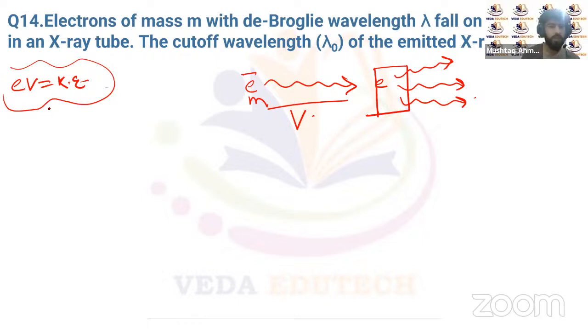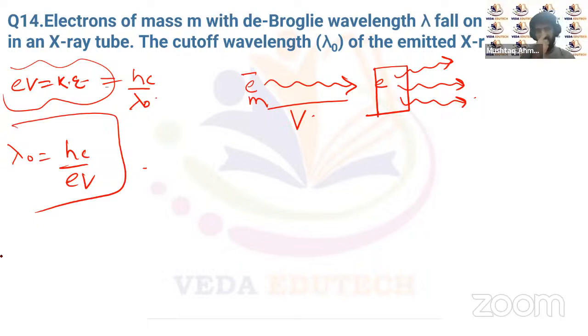In that case, eV equals hc upon lambda, or we can say lambda naught will be hc upon eV. So this will be the minimum wavelength, so that the full kinetic energy of the electron gets converted into the radiation. That's hc upon eV. Here V is the potential difference through which the electron is accelerated.